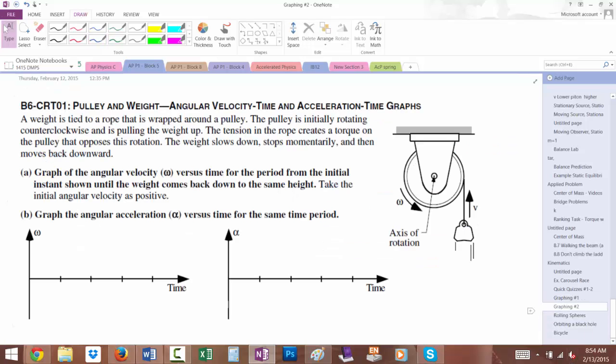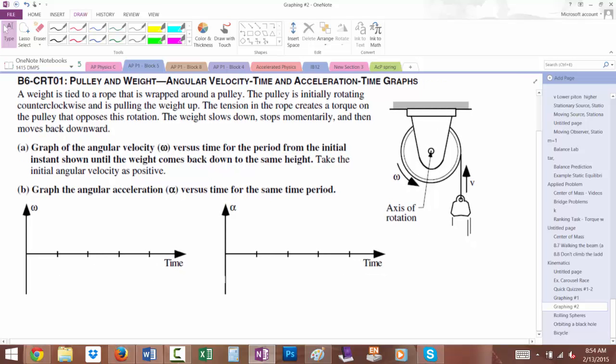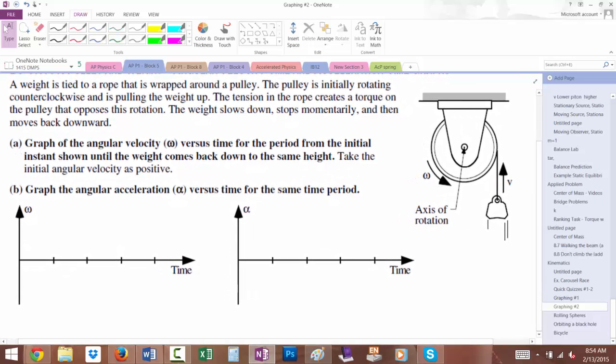All right. So this one is a little bit more than the other. Let me make sure that you understand what's going on before I leave you to figure it out. It says that you have a weight tied to a rope wrapped around a pulley. So here's your pulley. Here's your little weight. It's like the one that was sitting on the balance earlier.